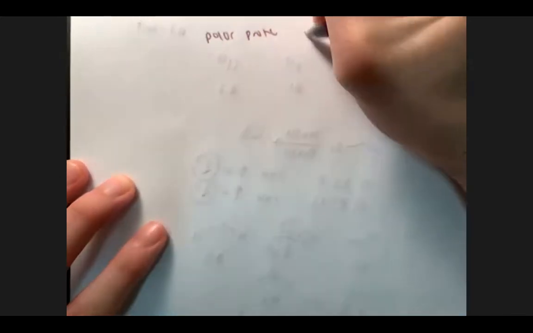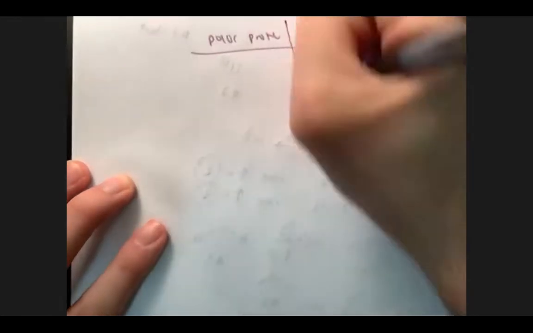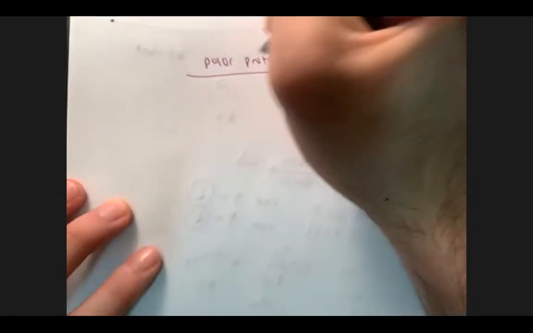SN1, right? So I think it's important because I don't answer your questions on Piazza, but I definitely see them a lot to see where you guys are at. And I think there were a couple of questions today saying, I don't know what polar protic versus polar aprotic is. I think I talked about that sufficiently last class, but just really quickly, polar protic means it has a proton.